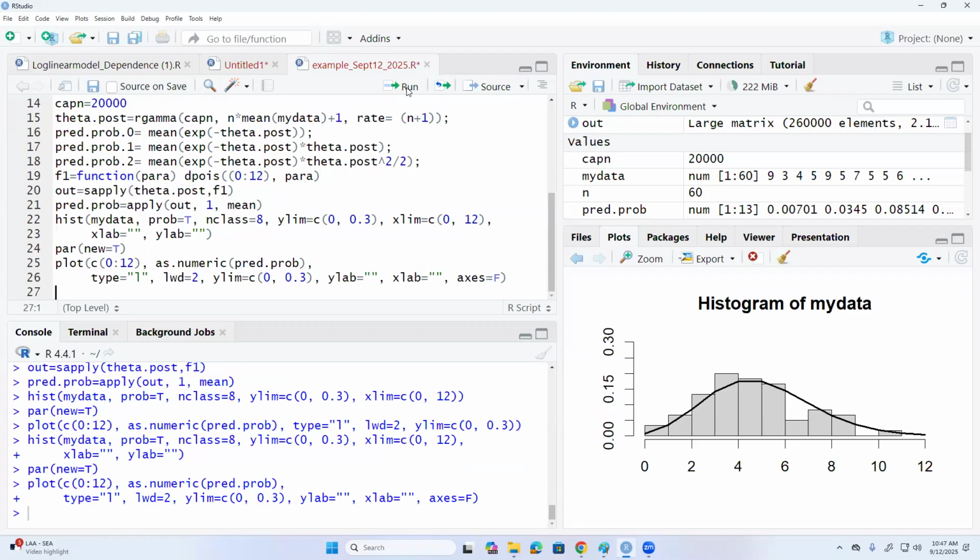What you see is that the predictive distribution and the observed data distribution are in close alignment, right? Not too much different.